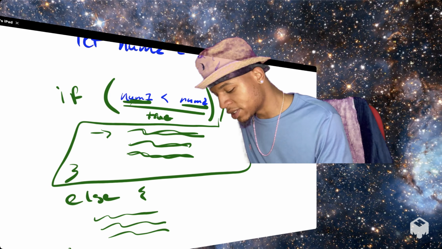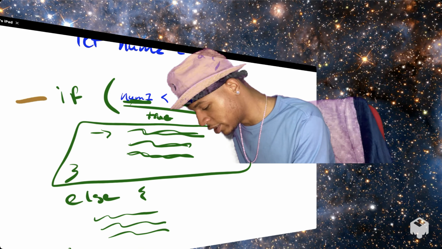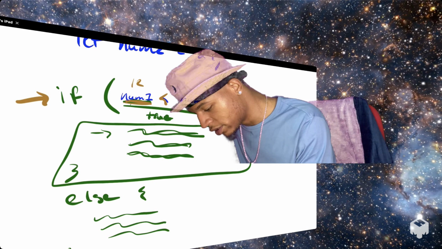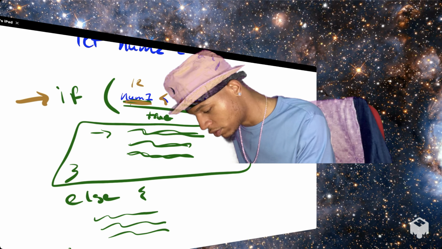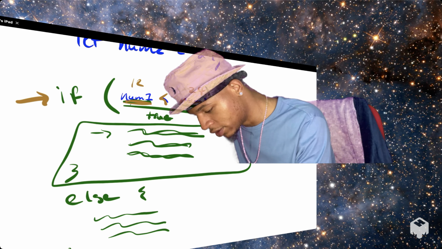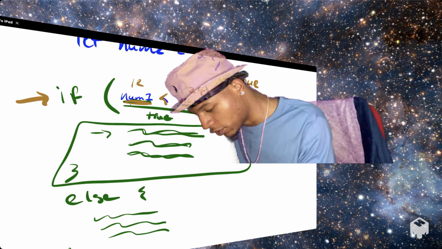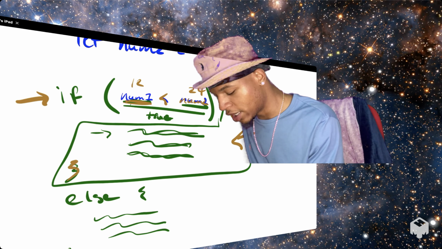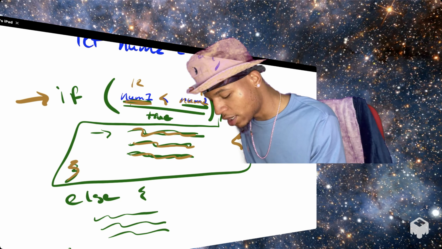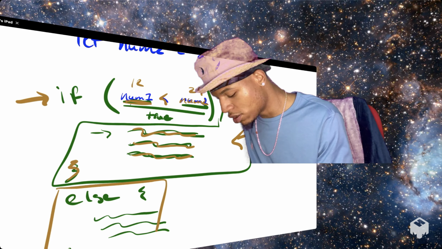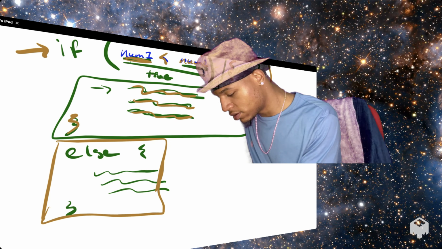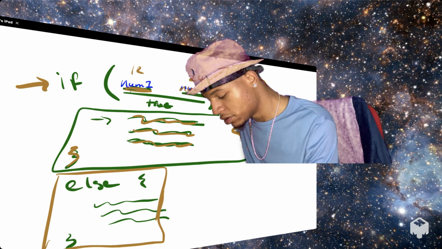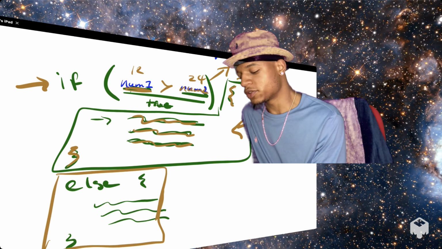What happens is the program comes down here and evaluates num1, 12, less than num2, 24, and this evaluates out to true. Therefore, we hop in between these curly brackets and start running these commands. Once we finish running these commands, we skip this entire else statement and hop down here. Now, what if I flip this around, so now it says num1 is greater than num2?